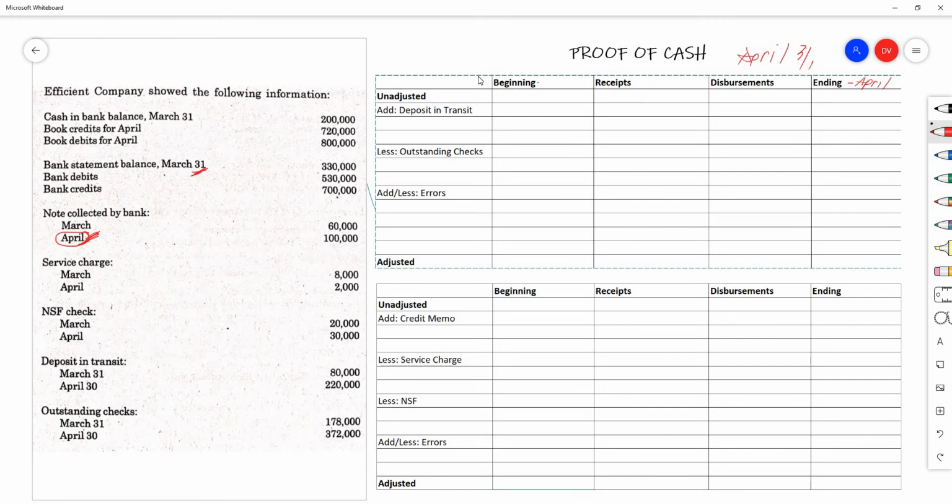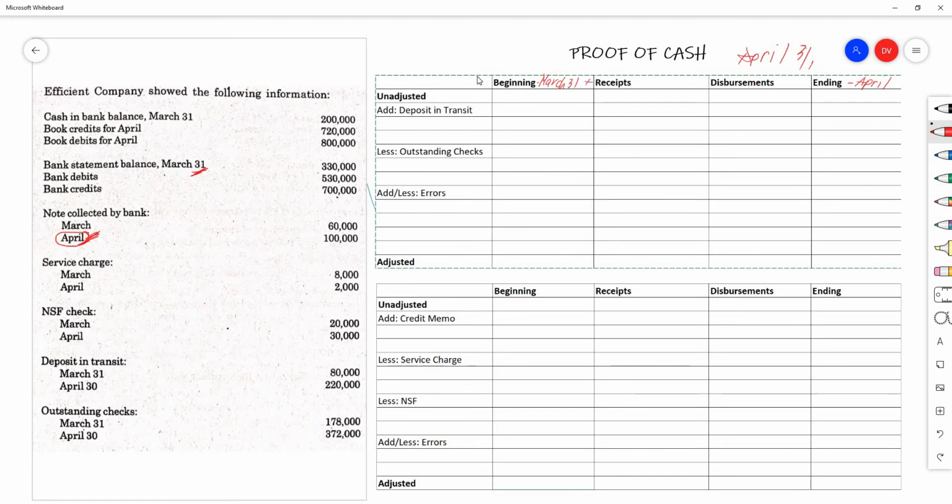Beginning, ano bang beginning mo? Ang beginning ng April, syempre March 31. Okay? Ang beginning ng April, ending yan ng previous period. So, ang ending ng March, beginning siya ng April. Okay? Now, we add any receipts. May natanggap ka bang pera nung April?